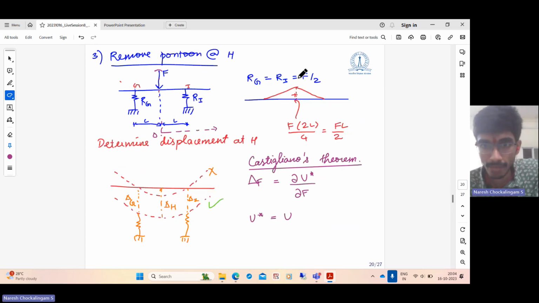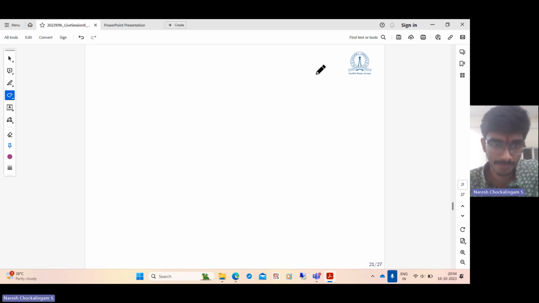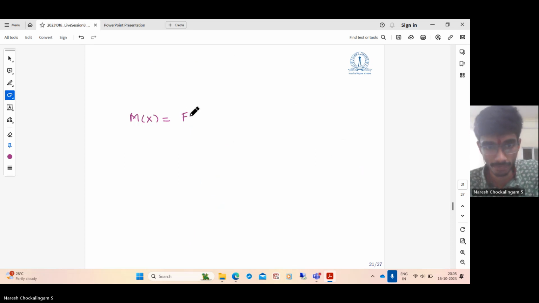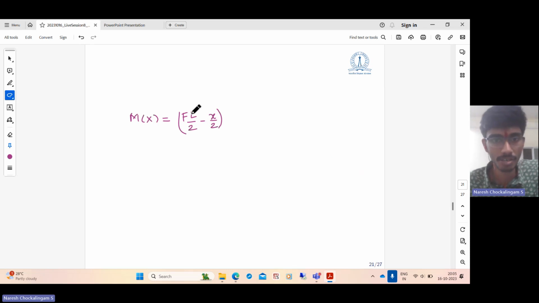The M of x is given as, in this case, FL by 2 minus Fx by 2. So at x equal to L by 2, the bending moment vanishes, and at x equal to 0, we have the maximum bending moment.